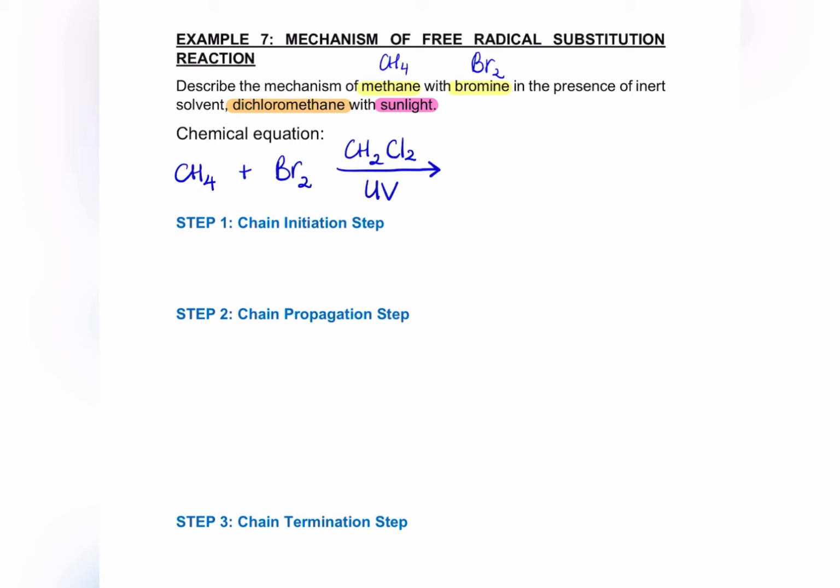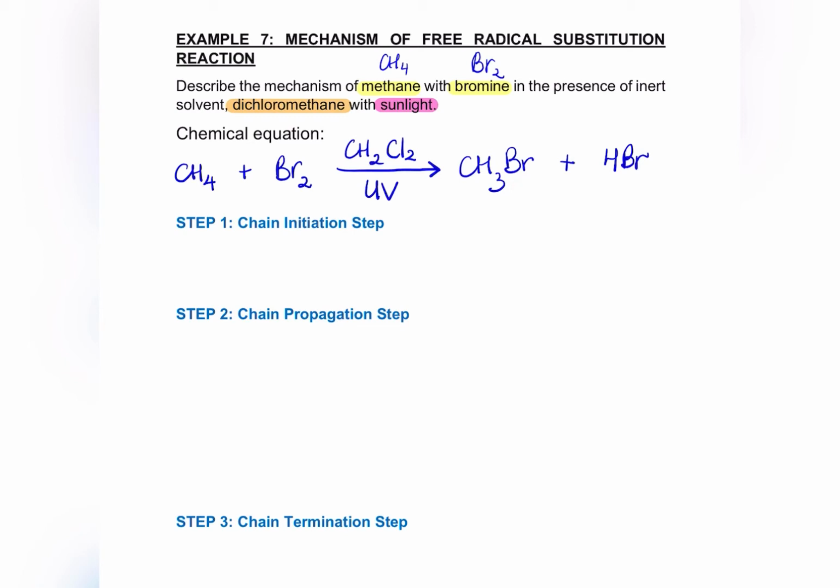What's left is CH3Br, plus the one hydrogen left will combine with another Br atom, so it will be HBr as your side product. You can see from here, all hydrogen atoms in this alkane have the same class, which is primary hydrogen. That's why I only have one possible major product.